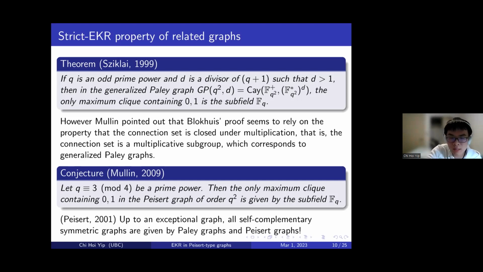So all this motivation suggests that the EKR theorem for Peisert graphs would hold, but the difficulty is that Broca's proof somehow failed to extend.